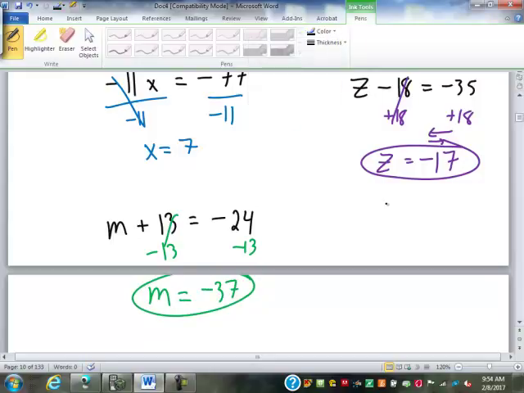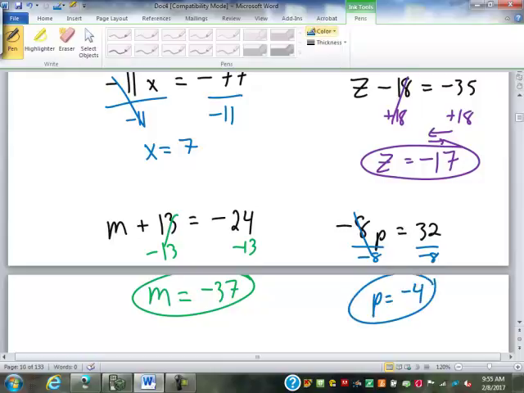Or negative 8p equals 32. Divide by negative 8. P equals negative 4. So that is solve. So when asked to solve, you actually have to rearrange the equation, take the equation apart to get the value for that variable.